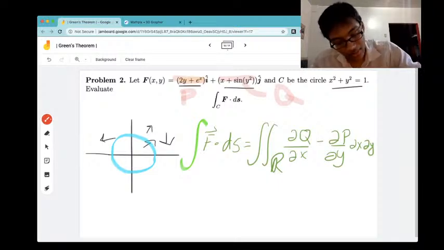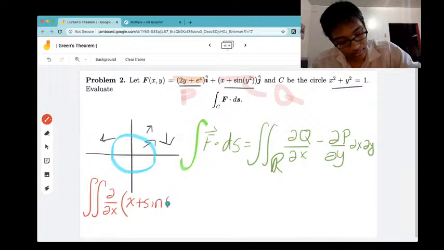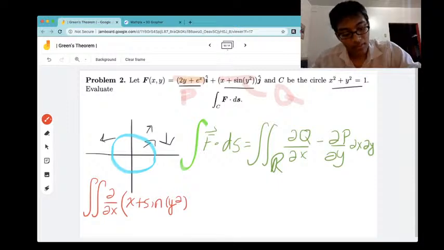I'll write the following: the double integral of partial x of Q, and of course I just wrote what my Q was. It's x plus sine y squared. Plus, or rather minus, partial y of the x component.